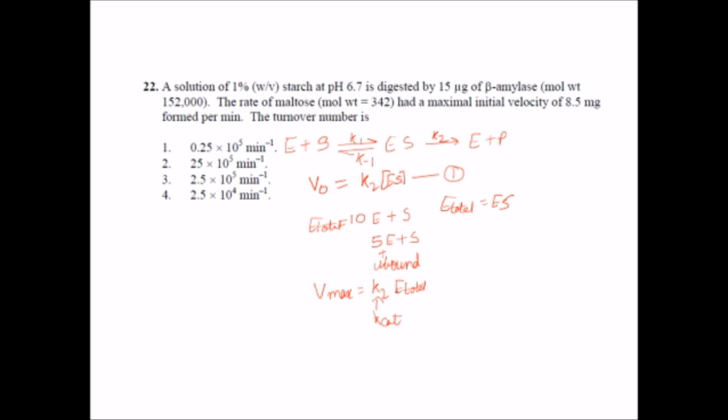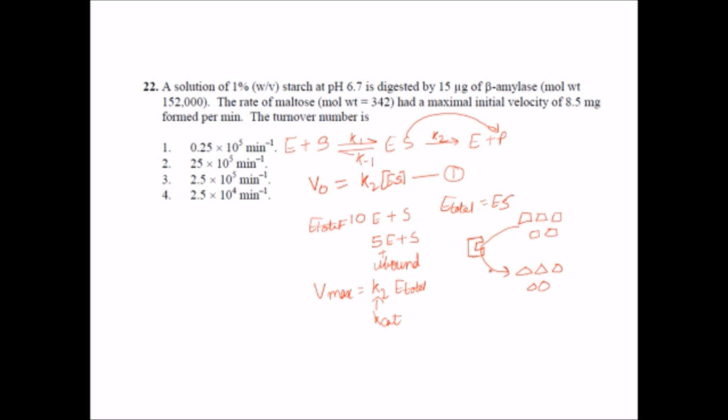What does it define? The turnover number tells us the maximum number of substrate molecules that are transformed into product by a single enzyme active site in a given time period. Suppose this is the enzyme molecule having the active site and this is the substrate. The number of substrates which can change into product with the help of the enzyme with its one active site is known as the turnover number.